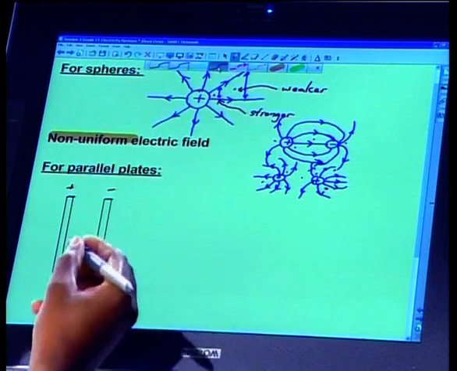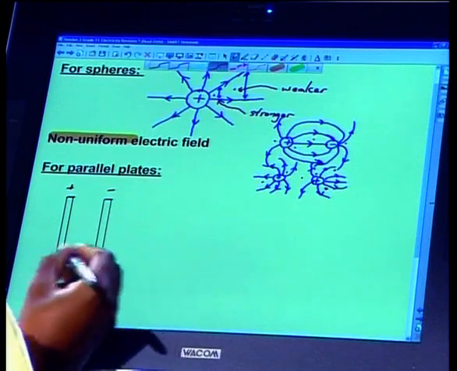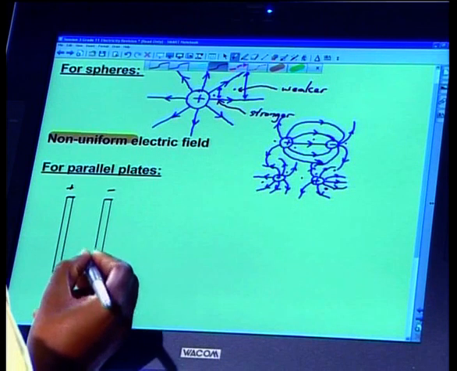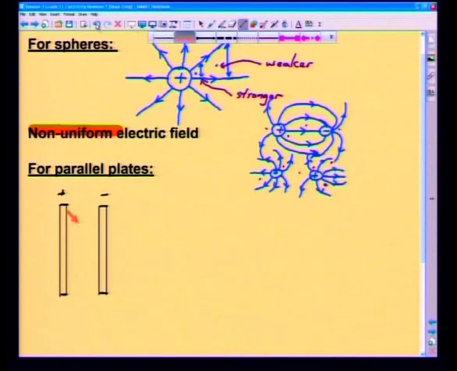What is going to happen is that between the plates, we're going to have uniform electric field existing. So we'll have things like that representing the field.